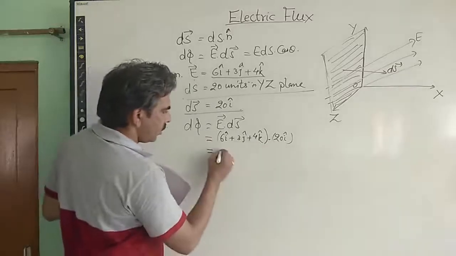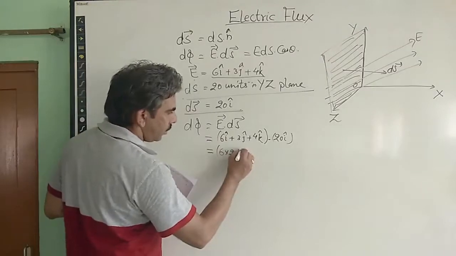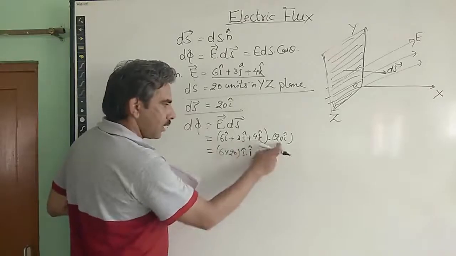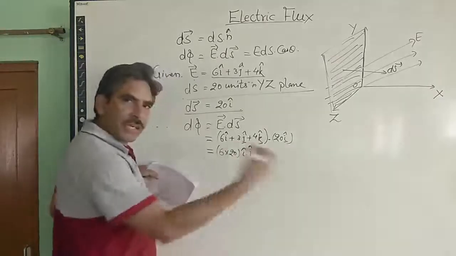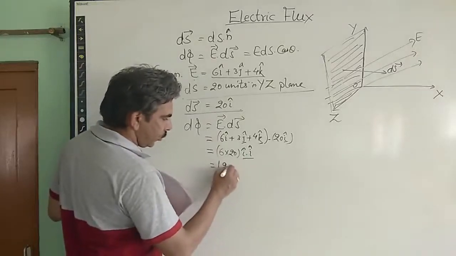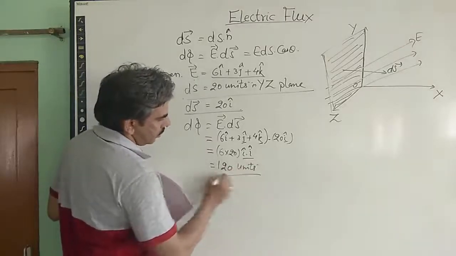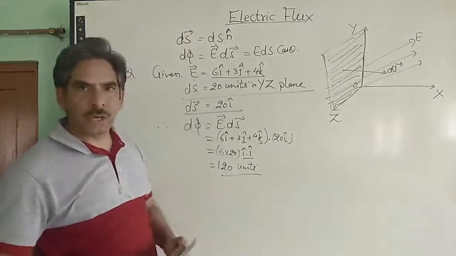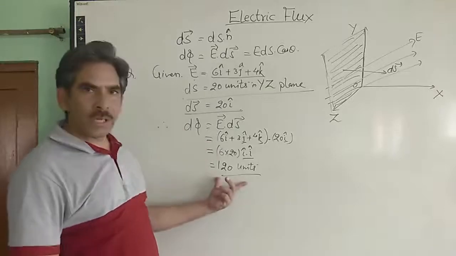It is 6 into 20 into i dot i, and the products of i with the other unit vectors give 0. So i dot i is 1 and we get the value 120 units. From vector algebra, by the dot product, or scalar product, of the two vectors, we get the flux to be 120 units.